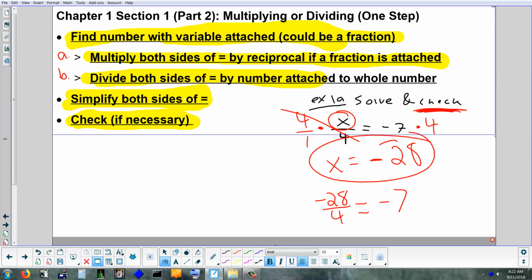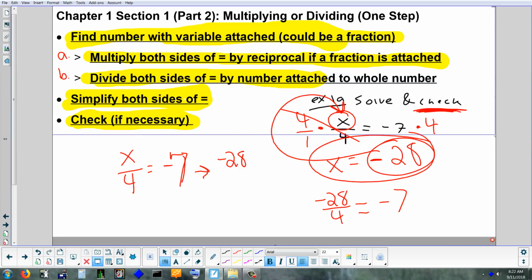So I'm taking that negative 28, and I'm plugging it in for x. So it kind of looks like this: x over 4 equals negative 7. Once I plug things in, it'll look like this: negative 28 over 4 equals negative 7. So here's my original.